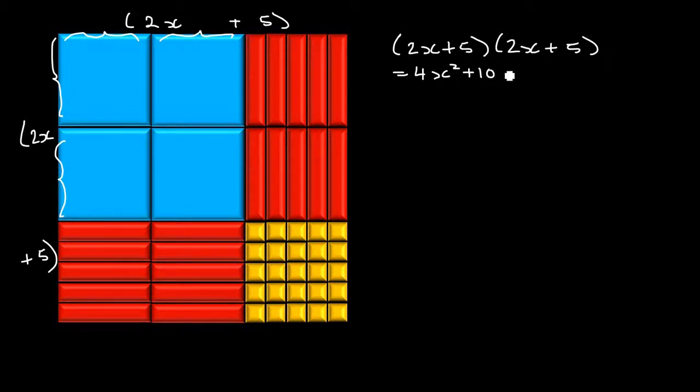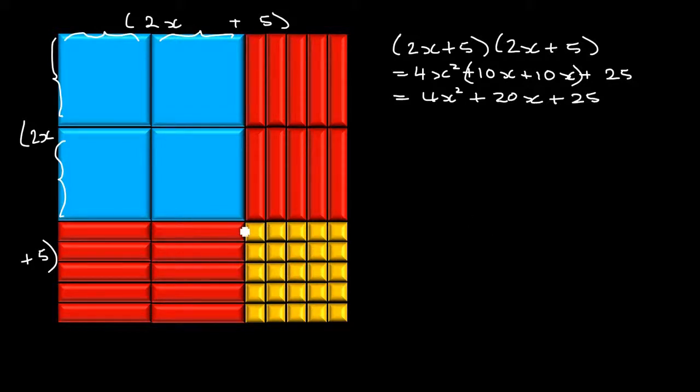So that's going to be plus 10x, and then the inner terms plus 10x again, and then 5 times 5, 25. And so down here are 25 ones. And then just completing this, simplifying the middle terms here, we're adding those together, 4x squared plus 20x plus 25.